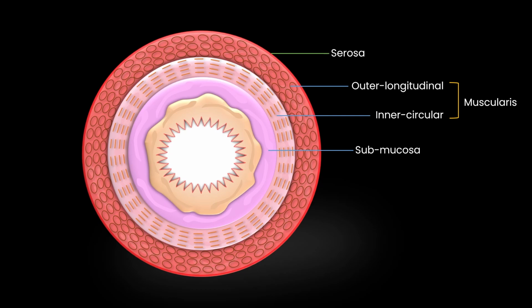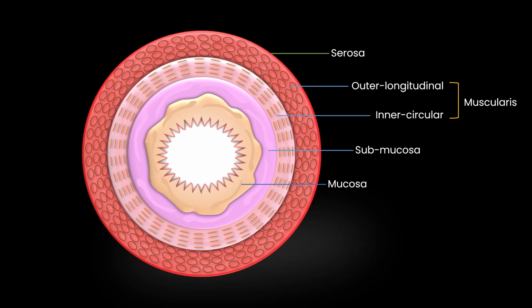Next to submucosa is mucosa. It is the innermost layer lining the lumen of the alimentary canal. This layer forms irregular folds which are known as rugae in the stomach, and small finger-like foldings called villi are found in the small intestine.